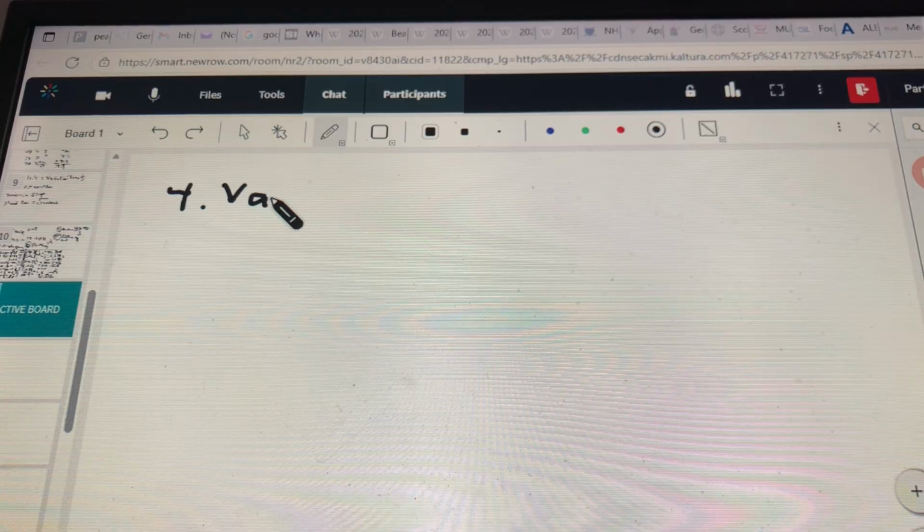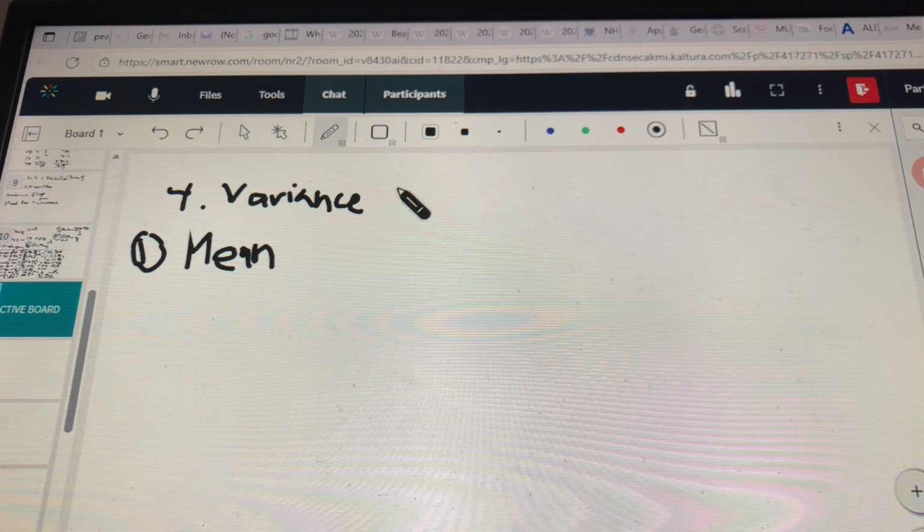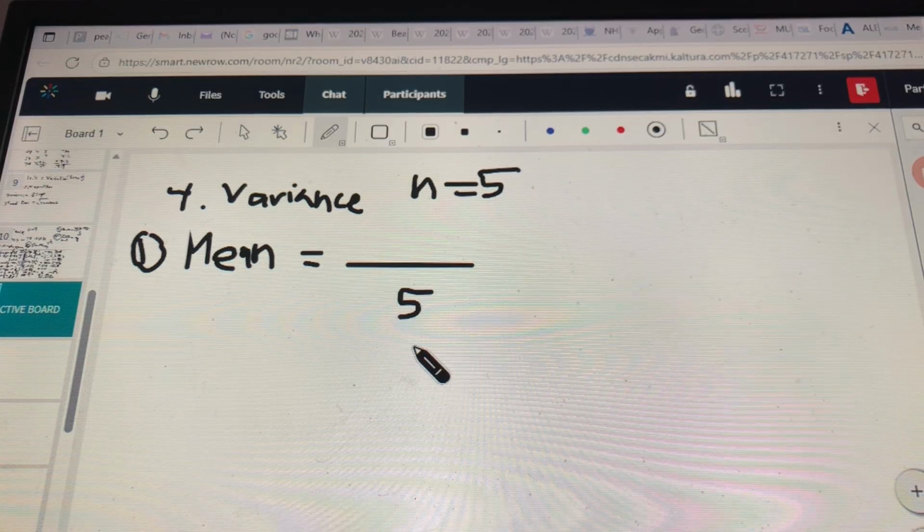So now on number 4, we're doing variance. Same 5 steps. Step 1, you find the mean. And there's 5 numbers in the original problem, so that's called n equals 5. The mean's going to be something divided by 5 because there's 5 numbers here.